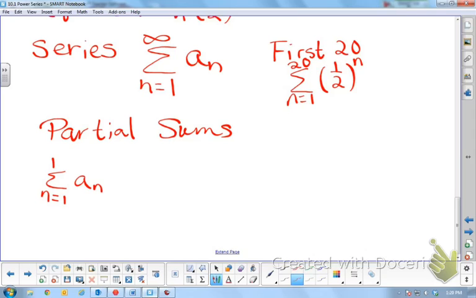Well, if I'm only finding the first term, we're finding a sub 1, which is just 1/2, because we would have plugged in 1 to 1/2 to the n, which is just 1/2. What if I want the second term?